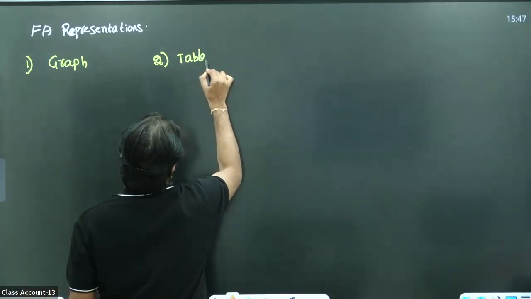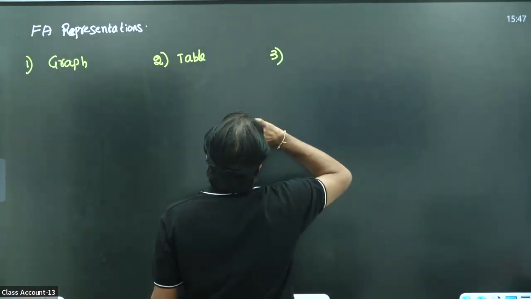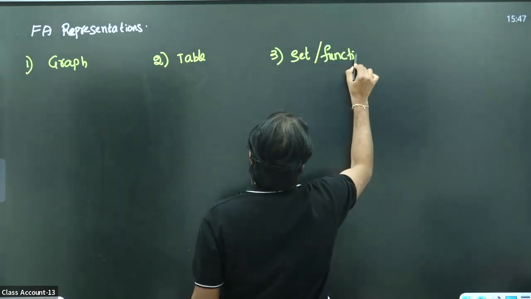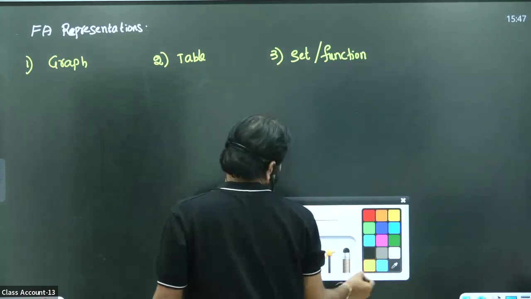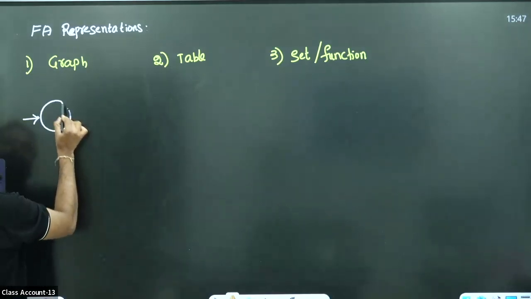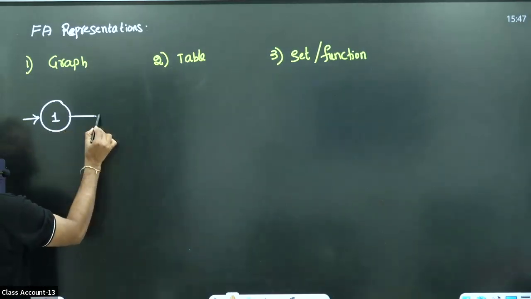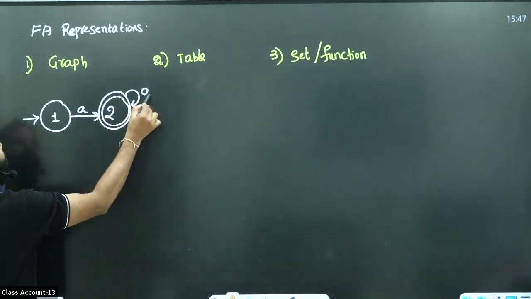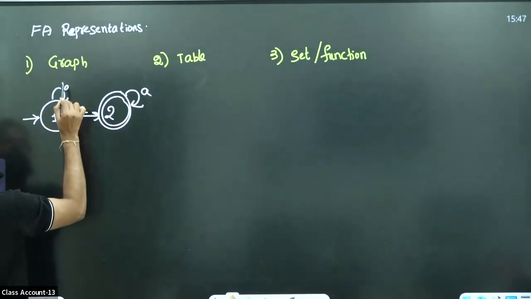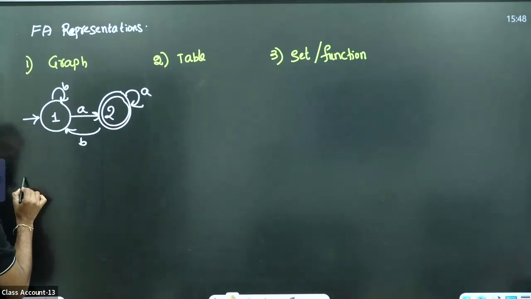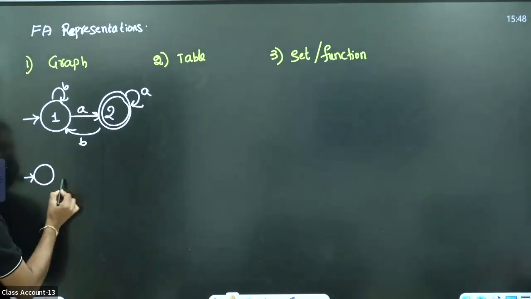Second is a table. Third, you can write like set or function. In a graph, we have seen, if you see this, the 1 is called the initial state, that arrow and circle represent the initial state.